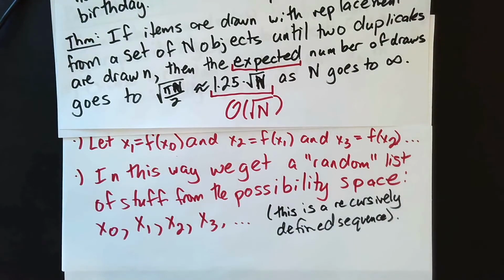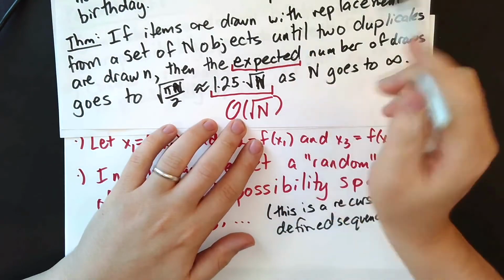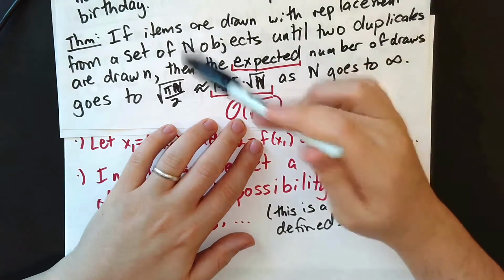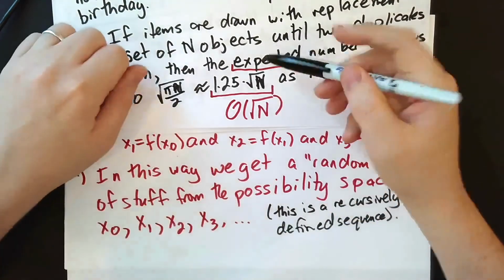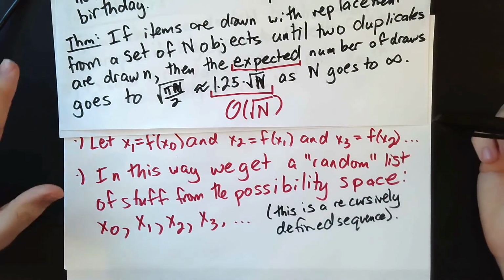Here's the birthday theorem again. Here we're talking about how many times it's going to take if items are drawn randomly with replacement. This is not quite random, but here's what we hope.